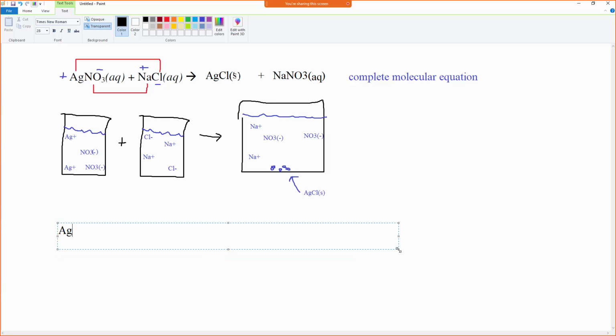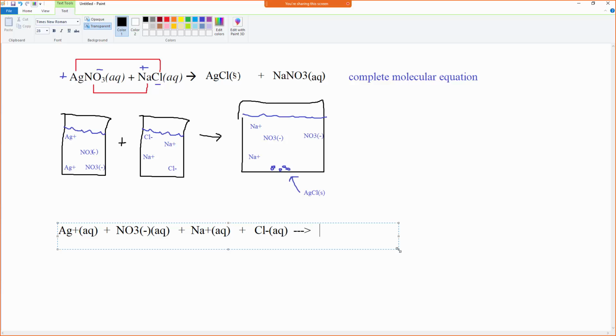So what I really have is a silver ion that's aqueous and a NO3- ion that is aqueous, combined with a sodium ion that's aqueous and a chloride ion that's aqueous.